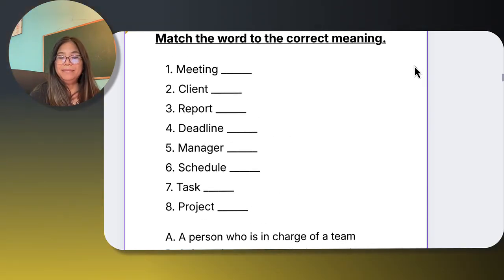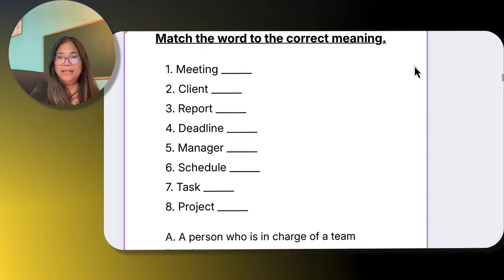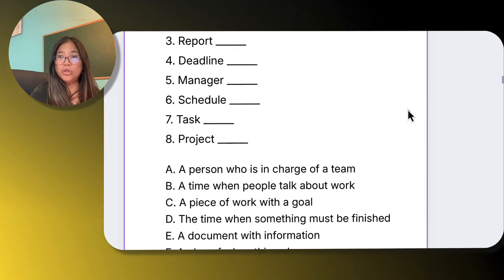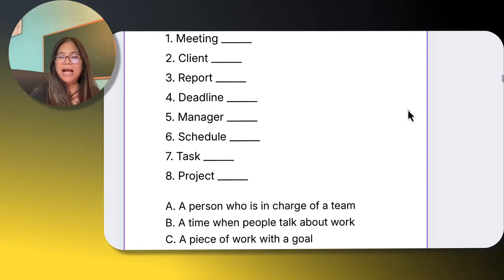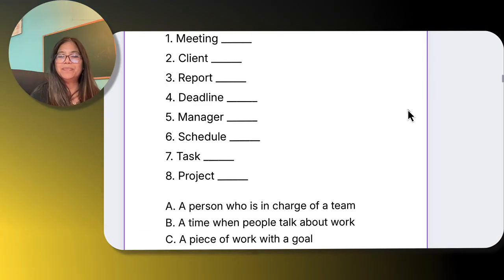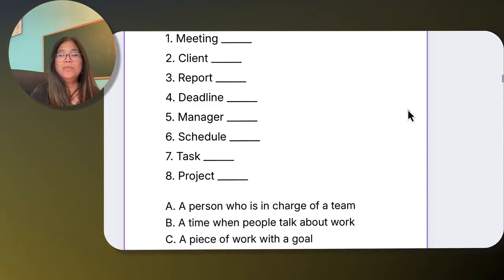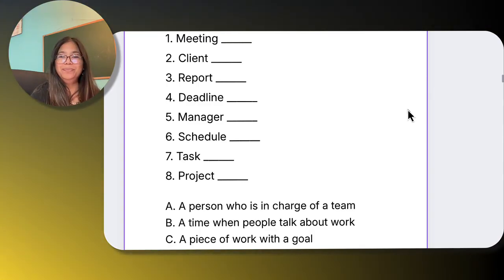Entonces, meeting, ¿cuál habéis elegido? Which one have you chosen? Meeting, I would put B, a time when people talk about work. It's a meeting. Client. Who is client?